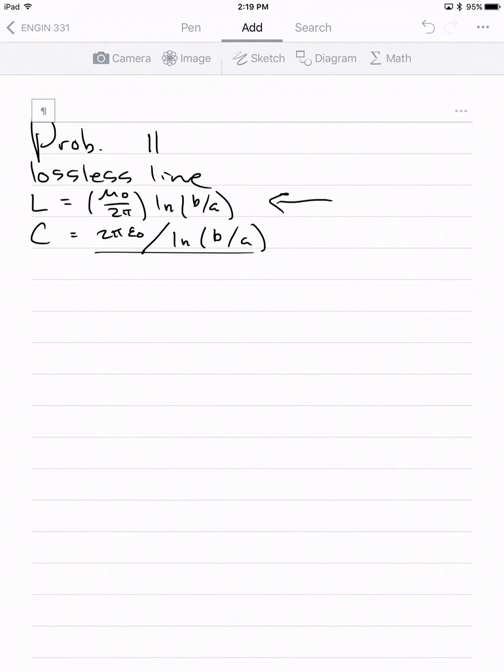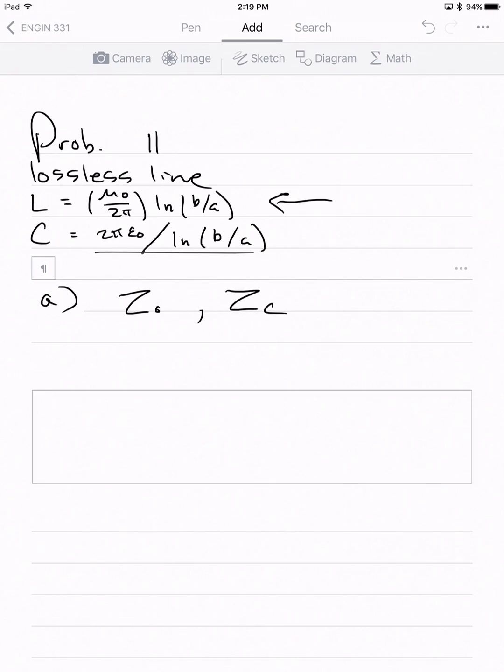So in part A, we are asked to find the characteristic impedance on the line, which we normally write as Z0 or sometimes ZC. Since we have a lossless line here, the characteristic impedance is equal to the square root of L over C. So all we have to do now is multiply that out.